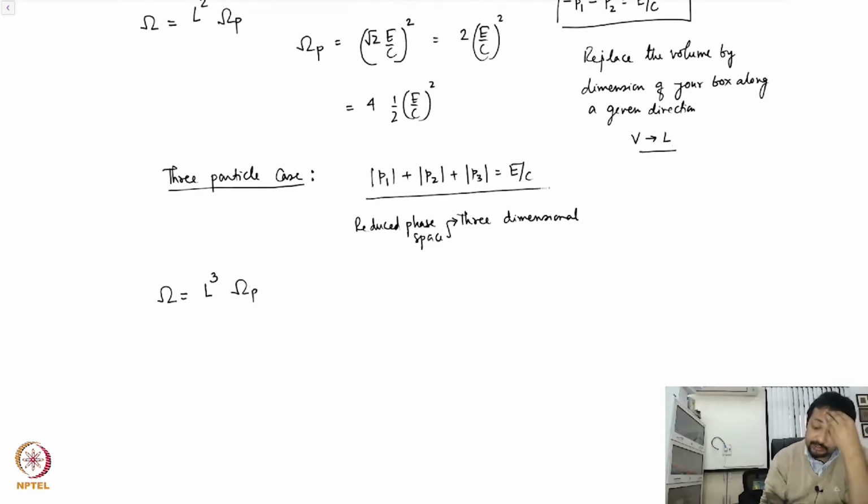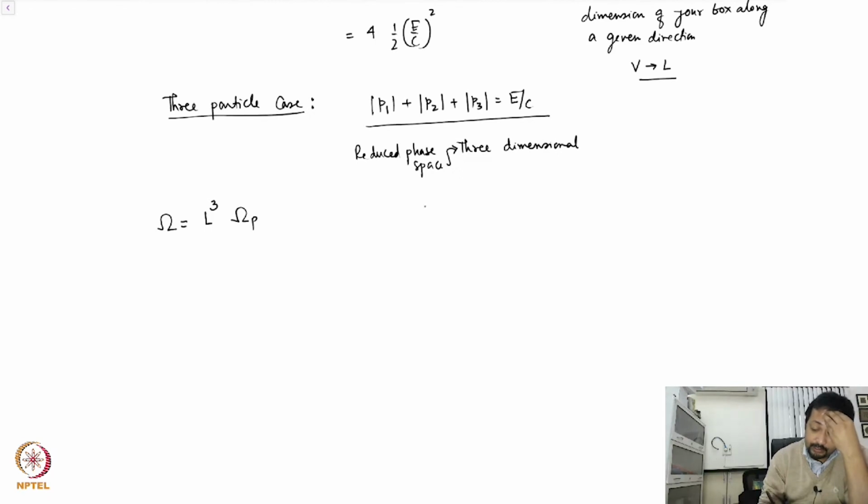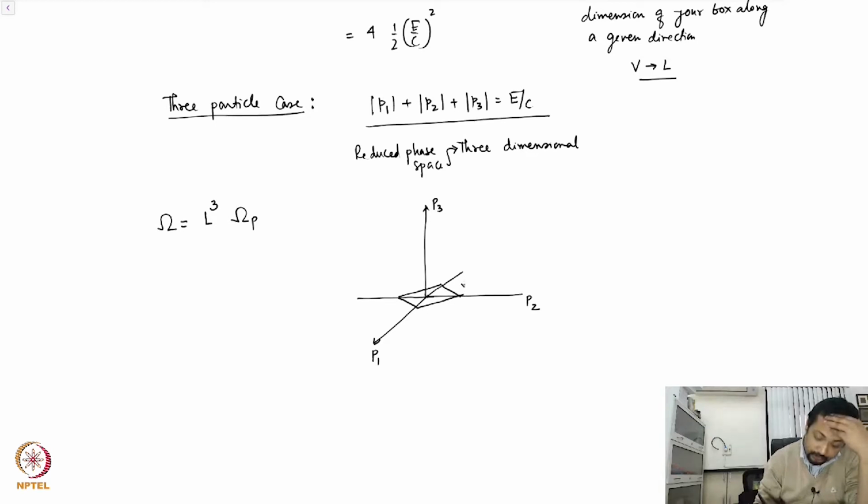And here this is a 3-dimensional space, so let's draw it. So I have P1, P2 and P3, and I know that in this 2-dimensional space this is going to be a square of side square root of 2 E by c.